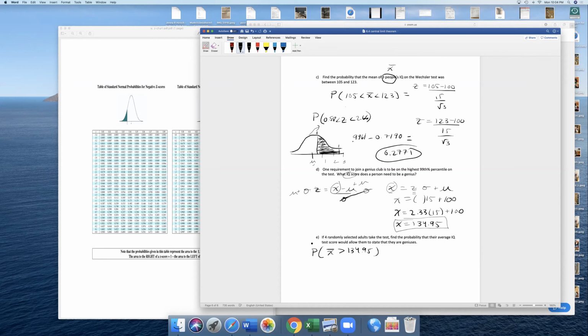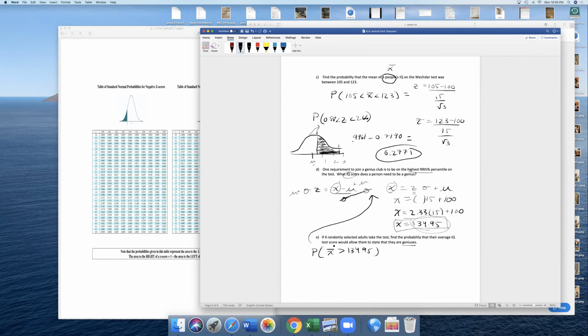I'm using question E as an extension from D, so we're using this value over here. Anytime you want to claim you're a genius according to this IQ test, you have to be in the highest 99th percentile. So the probability that X bar is greater than 134.95.